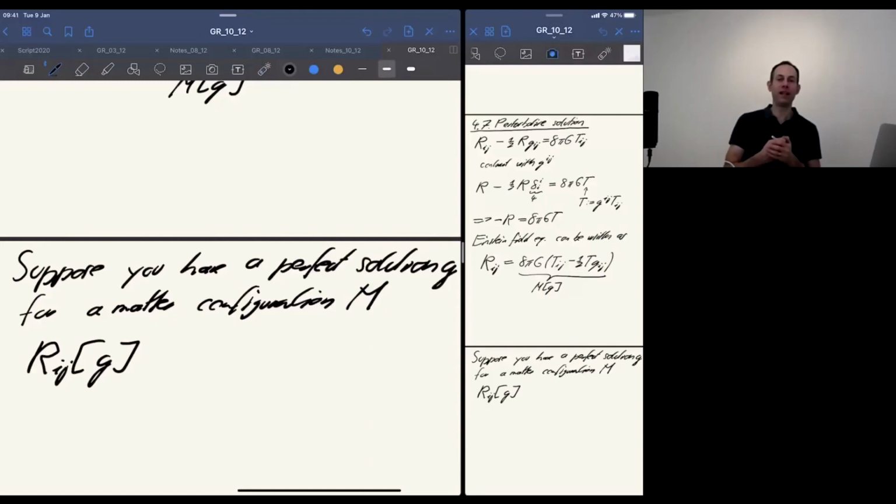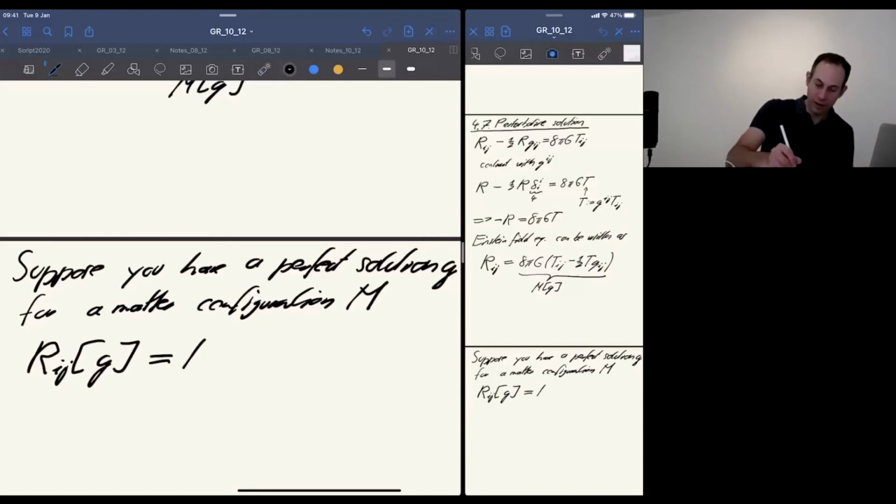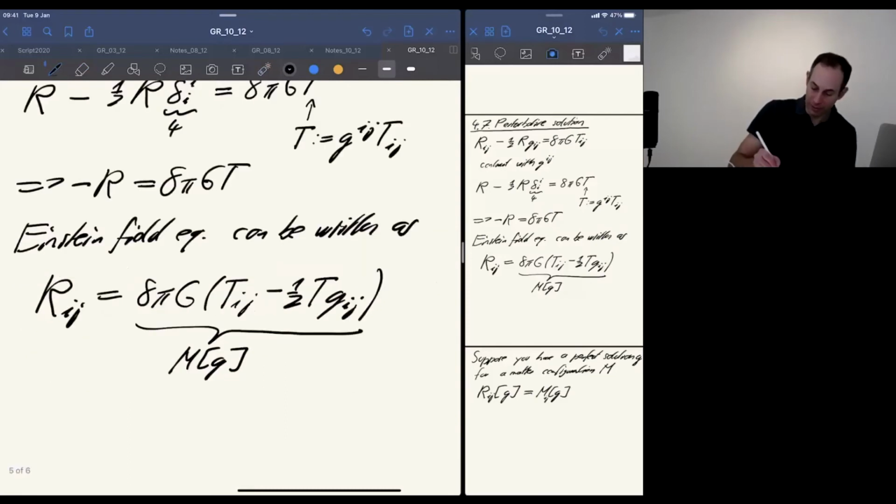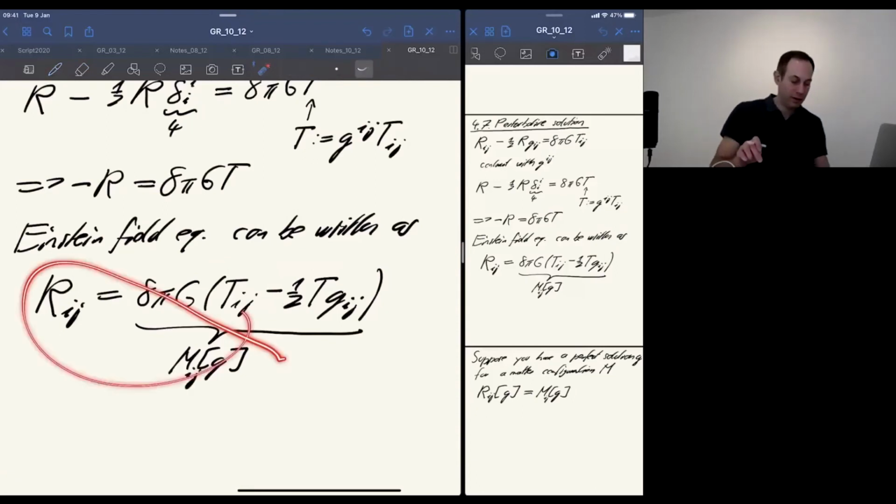If you solve the Einstein equations, it means we solve for a metric and find, for example, the Schwarzschild metric or whatever it is. So having a perfect solution means we just solve the equation I wrote before. Maybe I should call this M_ij for consistency. So we have a solution for this.